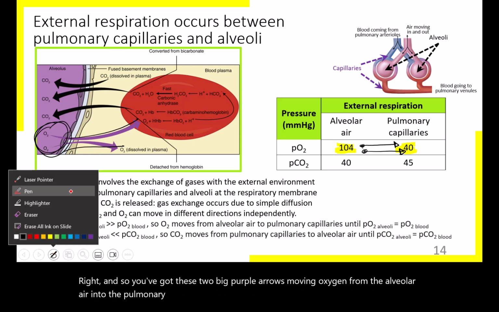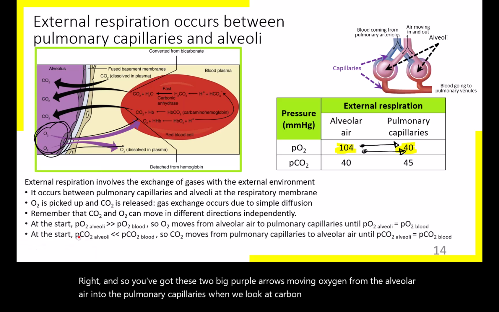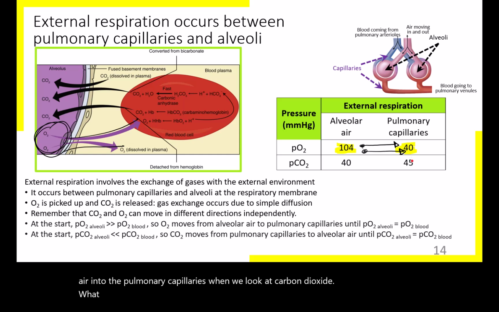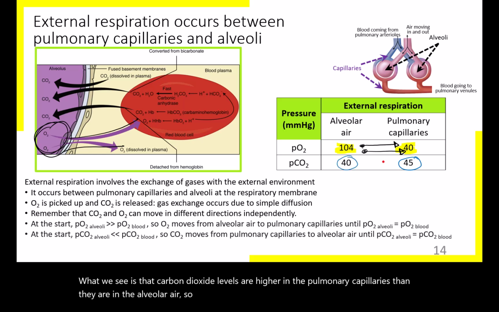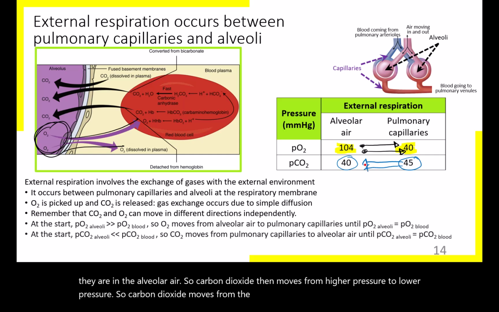When we look at carbon dioxide, we see that carbon dioxide levels are higher in the pulmonary capillaries than they are in the alveolar air. So carbon dioxide moves from higher pressure to lower pressure, from the pulmonary capillary into the alveolar air.